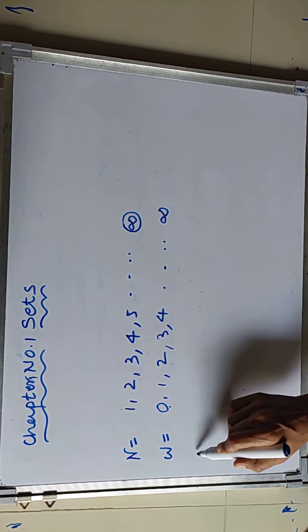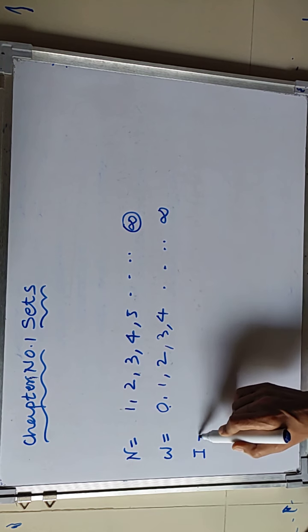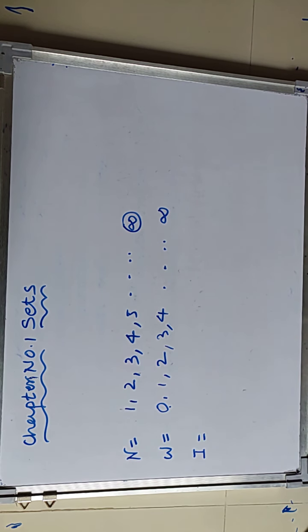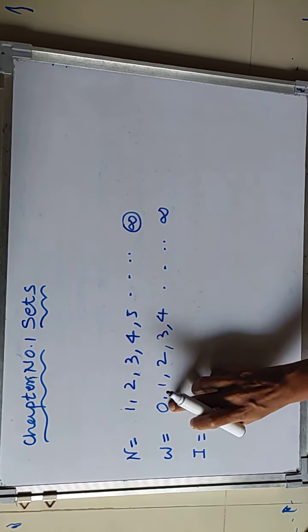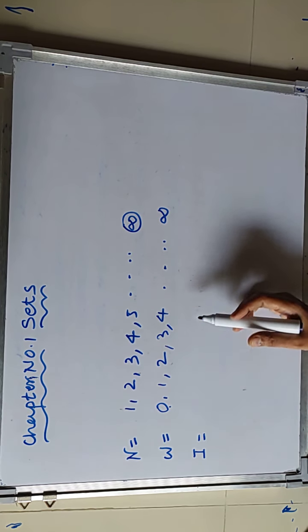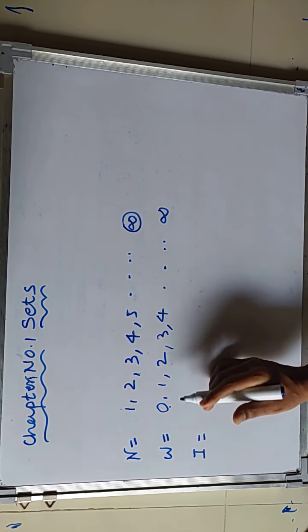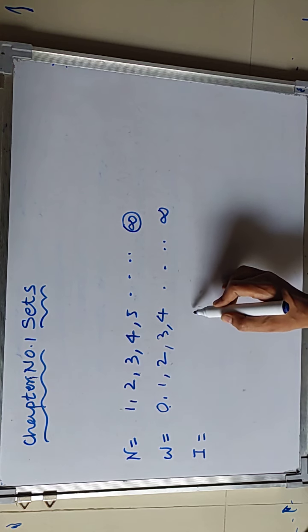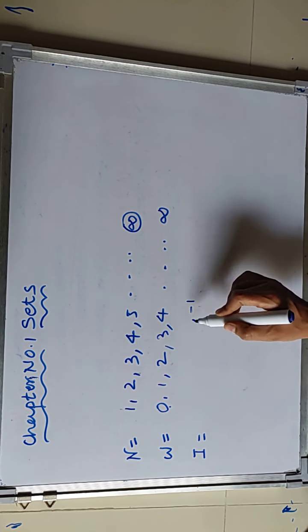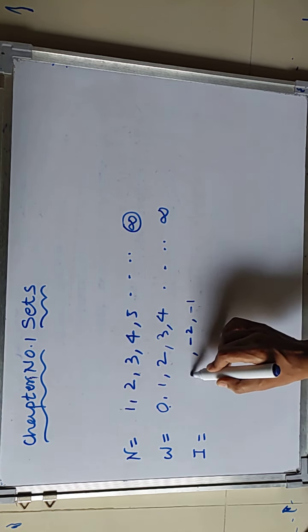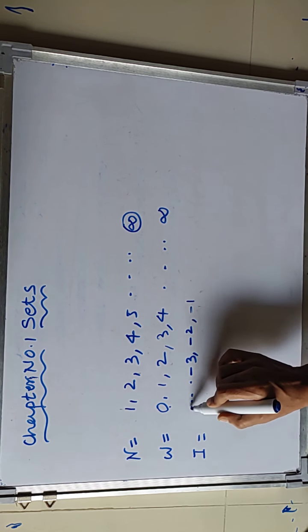Now integers. What are the integers? On the left hand side of 0 you write -1, -2, -3 and so on.